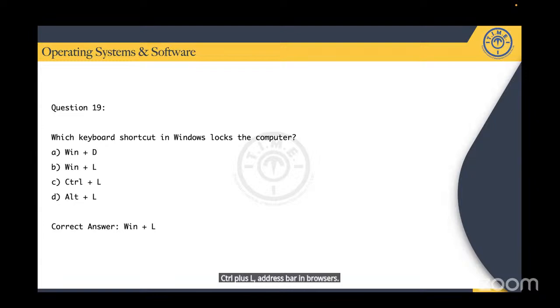Alt plus L, not a standard Windows function. I'll repeat. Windows plus L locks the system instantly. So whenever you leave the desk, if you are using Windows, please use the shortcut Windows plus L. It will instantly lock your system.